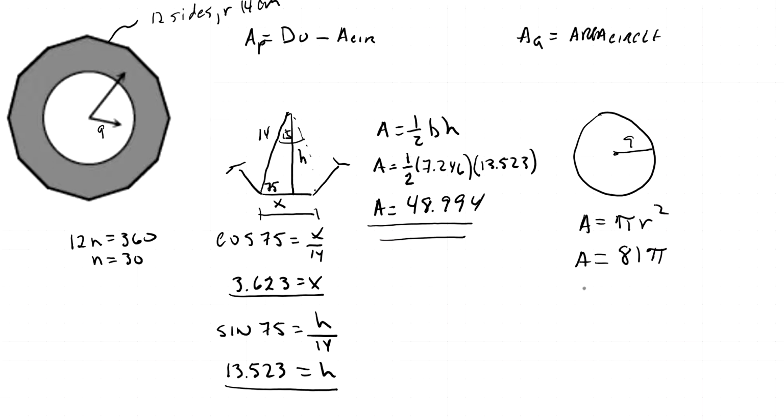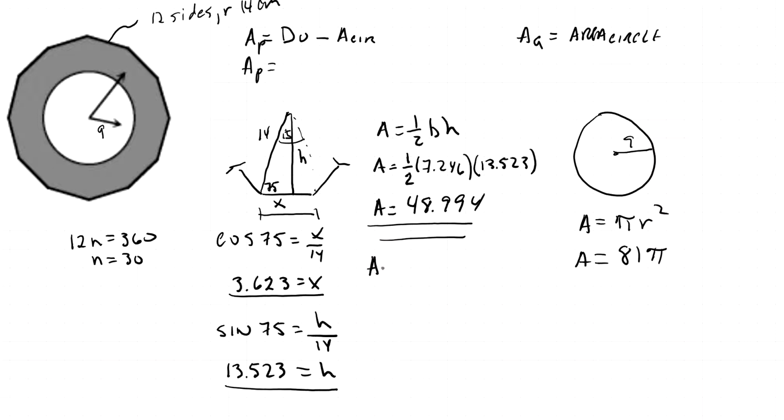And so now to get the area of the purple, we take the area of the dodecagon. Oh, I'm not quite finished here. I found the area of one triangle, not the area of the dodecagon, and I just realized that.